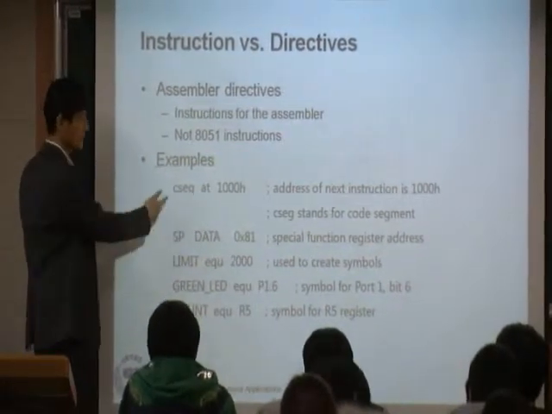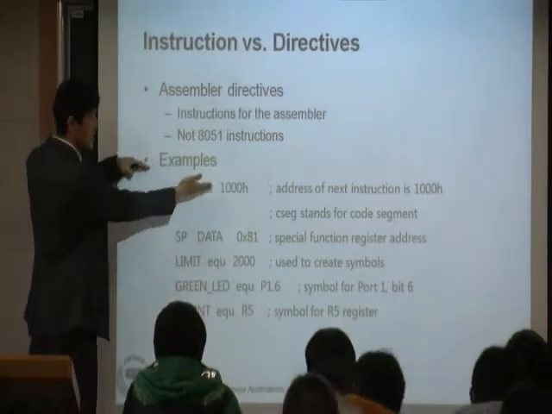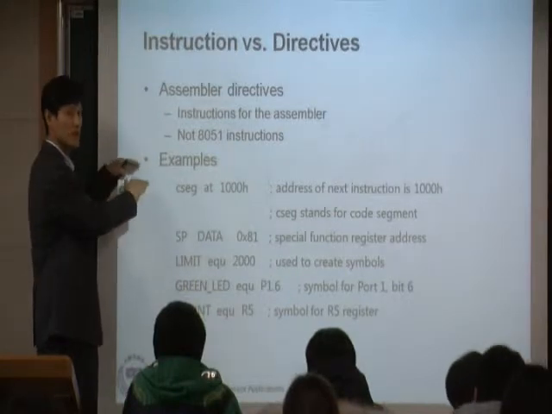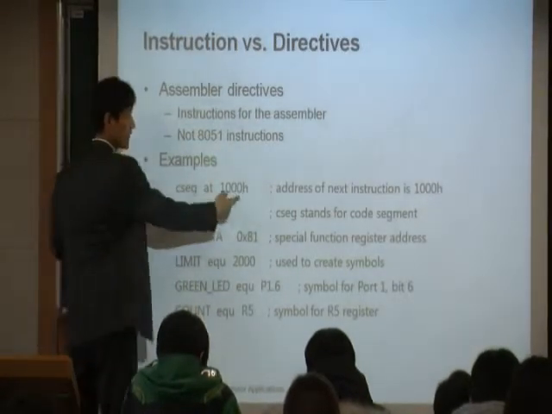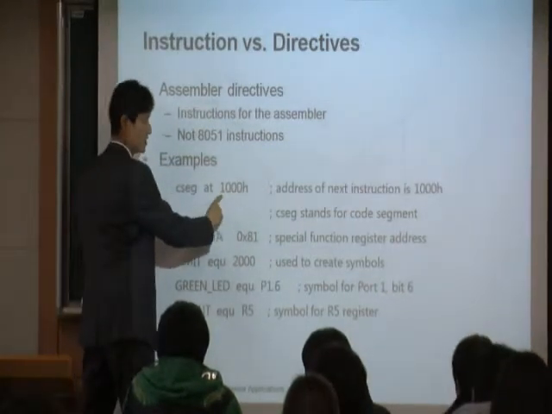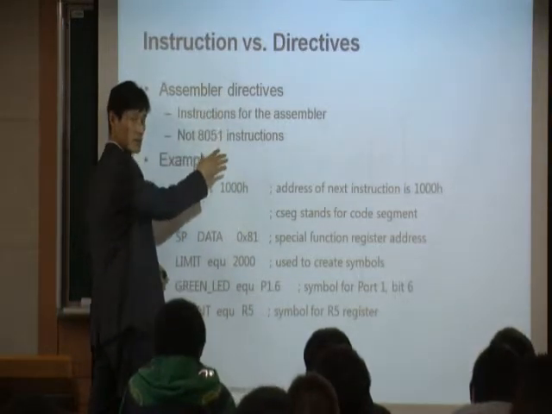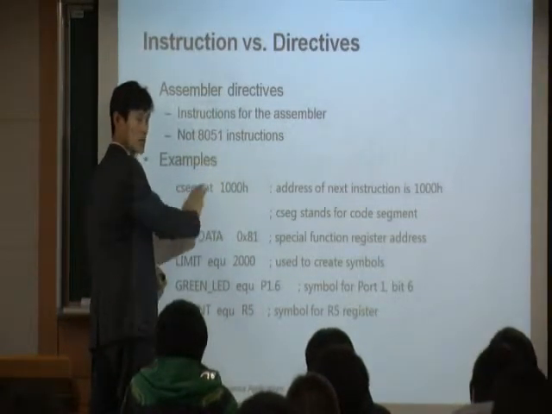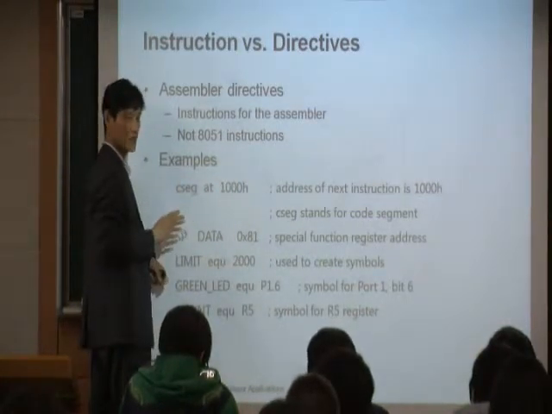That's what they mean, CSEG. Your code is right here to here, but this is the base address, the lowest address of your code. So when you look at this line, what that means is your code will be in 1000H, 1001, 1002, 3, and something like this. Your code will be here. That's what this means. This line itself is not an instruction.